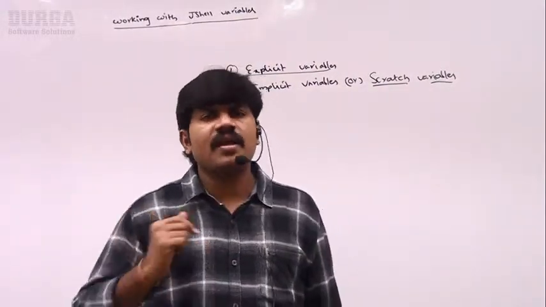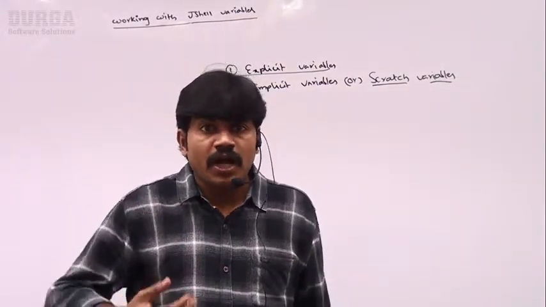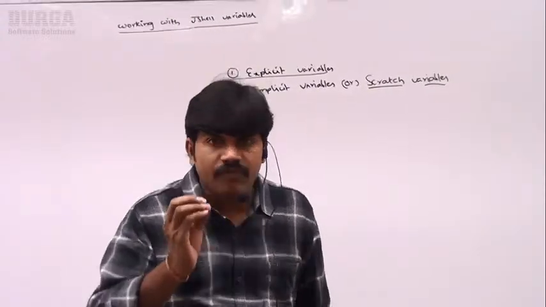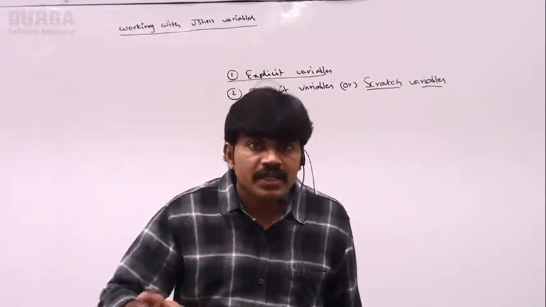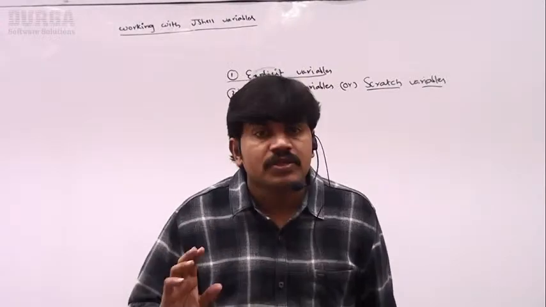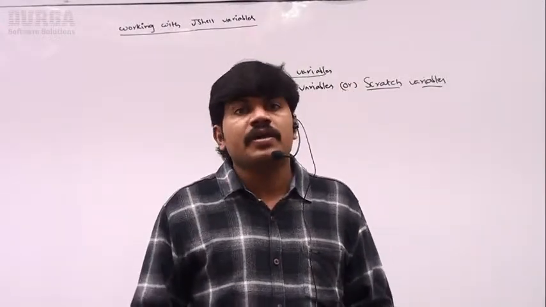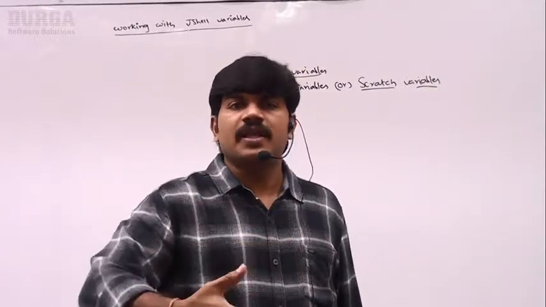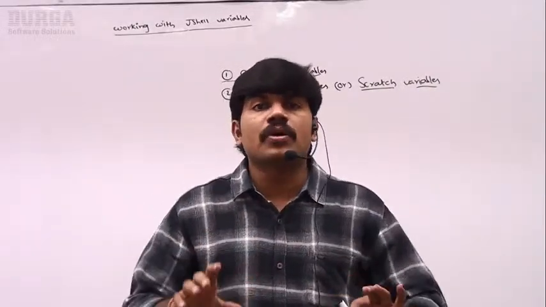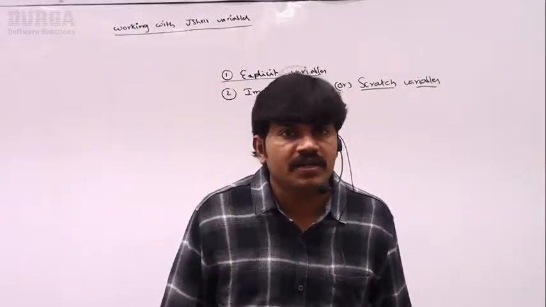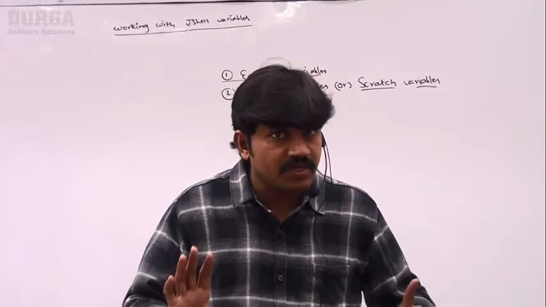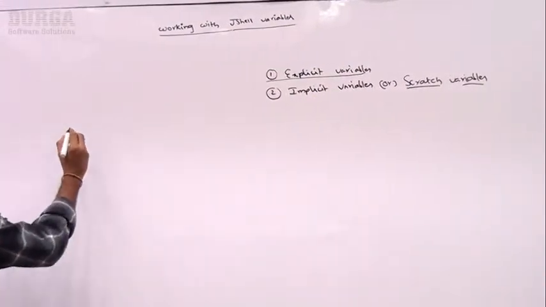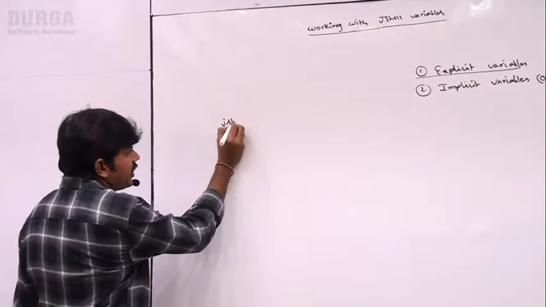Now what is an explicit variable? Sometimes based on our programming requirement, I want to declare variables explicitly. The variables which are declared explicitly by the programmer are by default considered explicit variables. The name itself indicates explicitly provided by the programmer. Let me go for a small example. This is my JShell console.